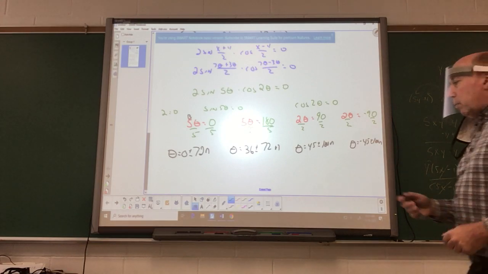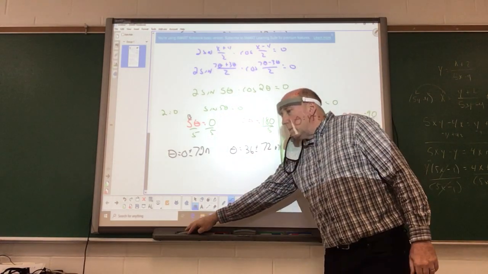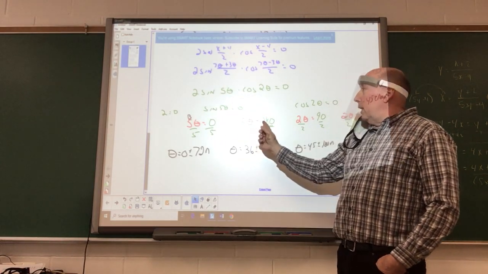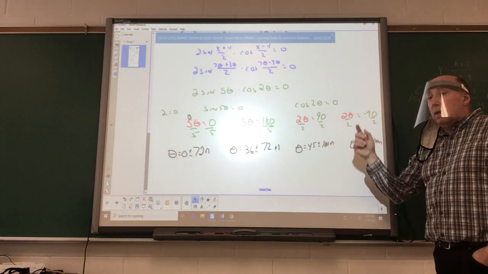As you solve these problems, you're either going to get inverse sine, where you get 0 and 180, or inverse cosine, where you get 90 and negative 90.